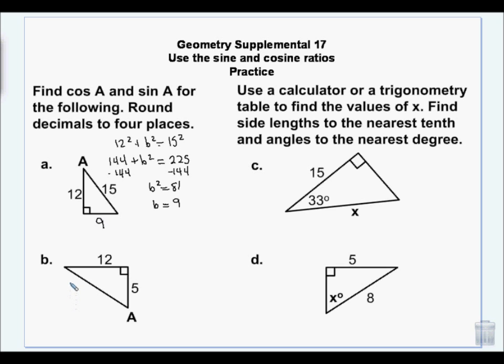Okay. Cosine of A. Okay, I'm going to hold on. Does everybody have this part? Adjacent over hypotenuse, right? Yeah, cosine is adjacent over hypotenuse.